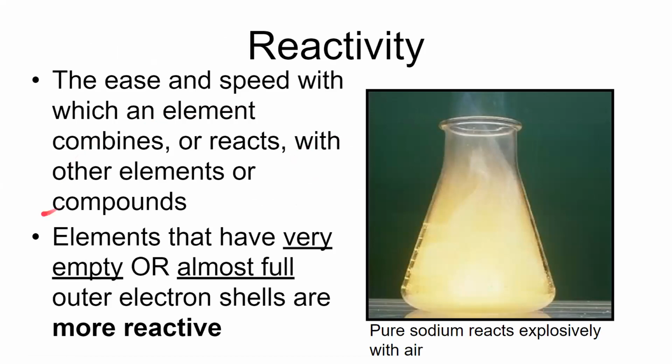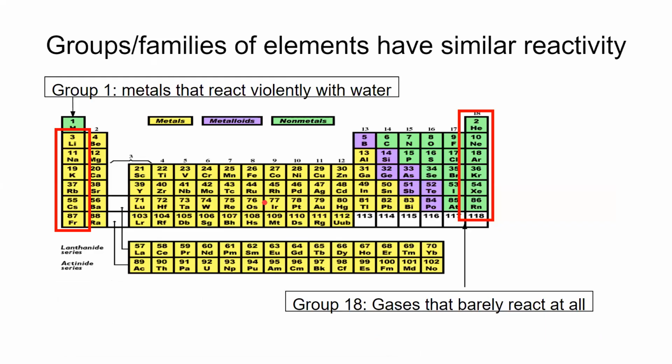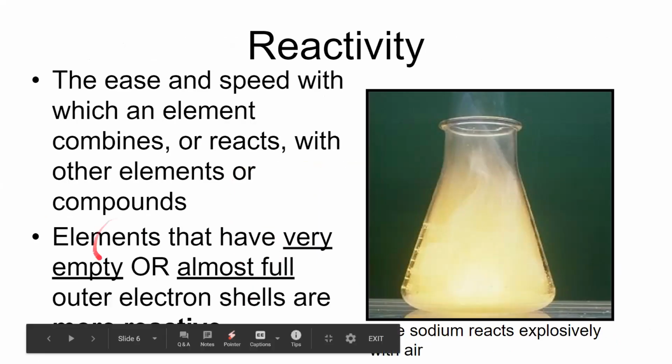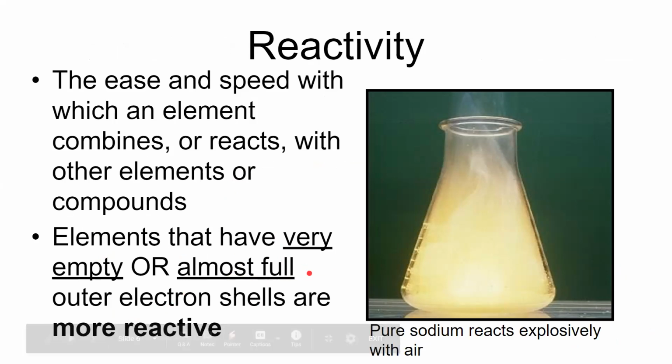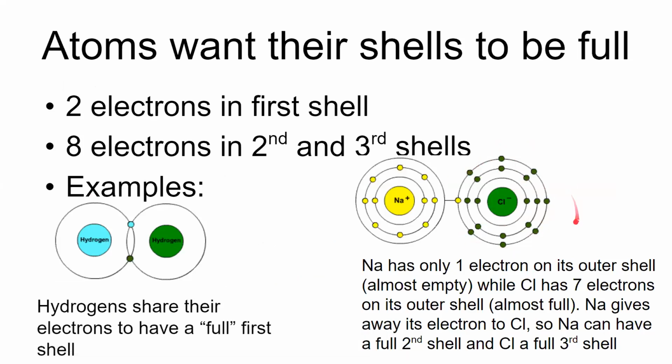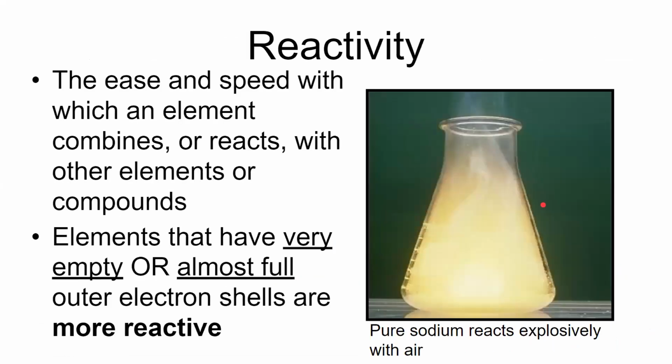So in general, elements that have a very, very empty outer shell, like sodium here, he's only got the 1 electron on his outer shell, or elements that have an almost full outer shell, like chlorine over here has almost a complete set of electrons on his outer shell. These elements tend to be the more reactive elements.